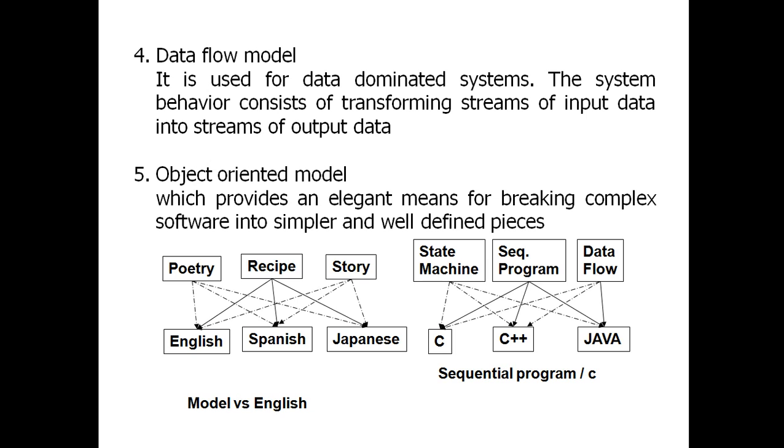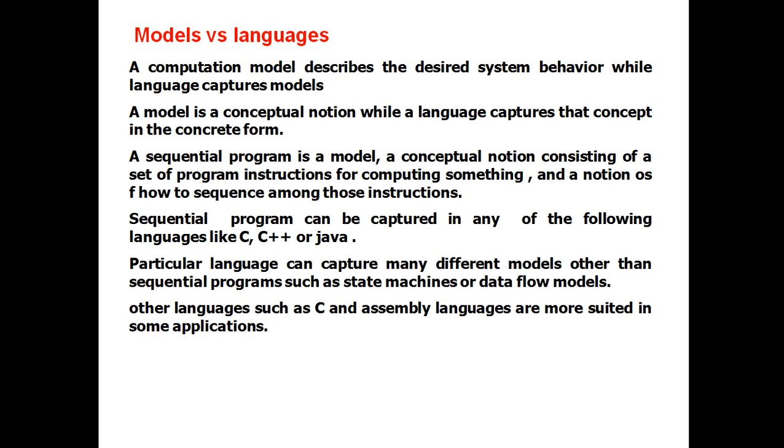The same thing is applicable for the sequential program, which can also be written in C, C++ and Java. And the data flow model also gives us the same luxury of being written in C, C++ and Java. So this is the object oriented model, and these are the analogies. Okay, so let's go to the next slide.